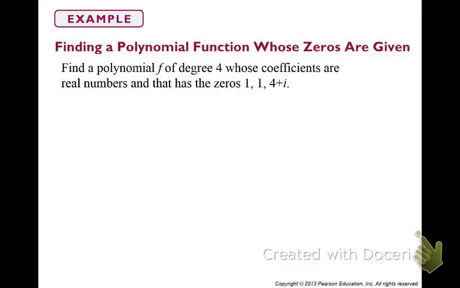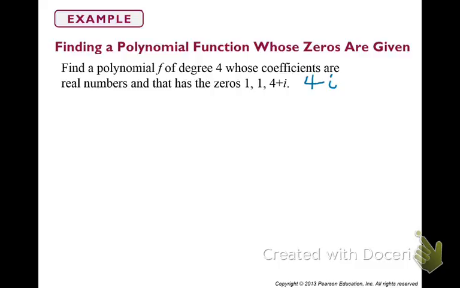Did they give us 4 zeros? No. What's our fourth zero? Okay, 4 minus i. All right, so now we're going to put these back in their factored form.